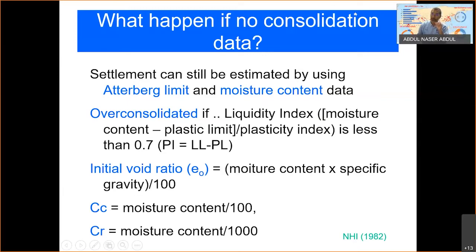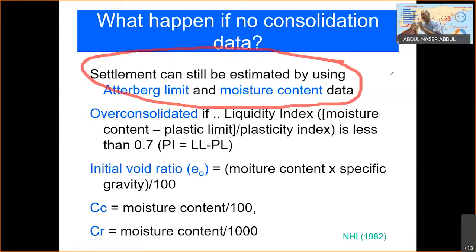But of course, if you have the data, your settlement estimation will be more accurate because you are using the actual data from the actual site that you are going to construct your building. But if you don't have any data, settlement can still be estimated by using Atterberg limit.